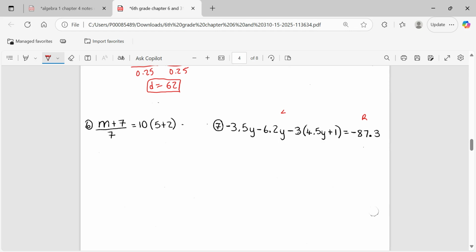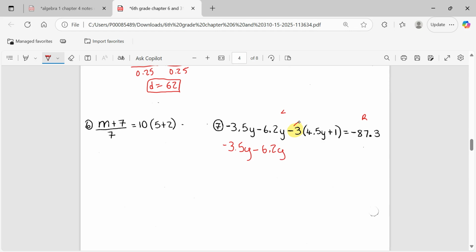We are going to be distributing this -3. That's the coefficient that's in front of that 4.5y. So I see a parentheses. I'm going to distribute throughout the parentheses. But I haven't done anything with these y's before, so I'm just going to carry it down. Whatever you don't use, you just carry down to the next line.